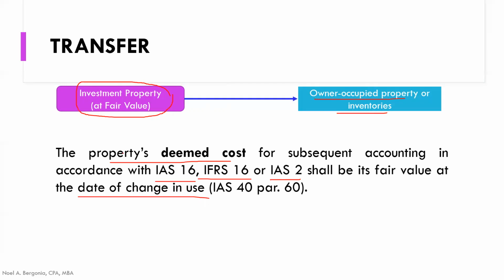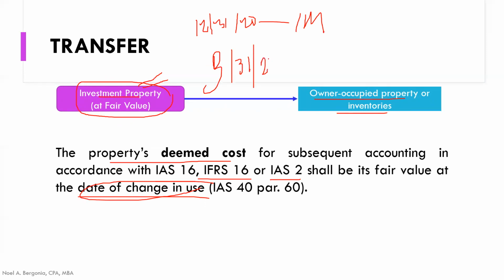Okay? So wala rin gain or loss possible kung updated naman yung fair value ng investment property. Yun nga lang, class, halimbawa ito, December 31, 2020, ang huling value ng investment property mo, sabihin natin 1 million. And then nung nag-date ng change of use, halimbawa March 31, 2021, biglang nagpalit ng value, halimbawa 1,100,000 na. So bago mo siya i-transfer to owner-occupied, i-update mo muna.